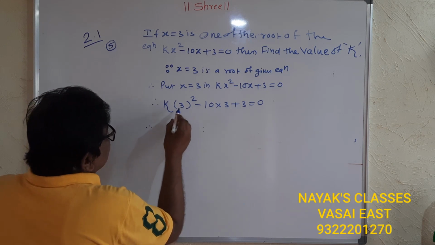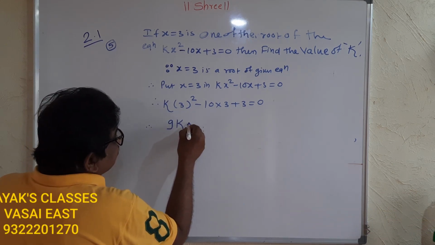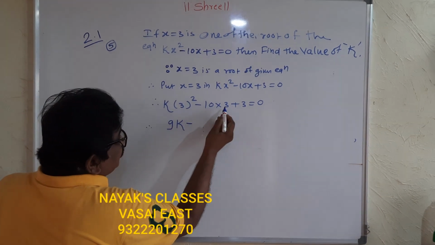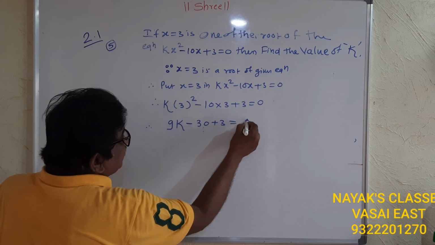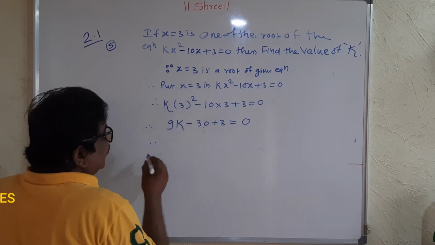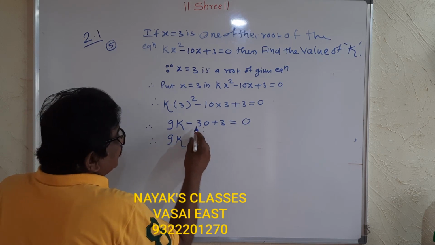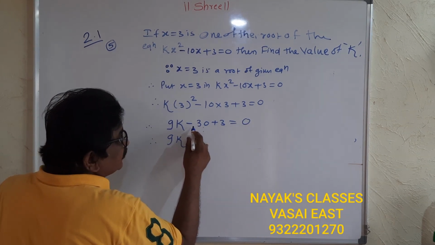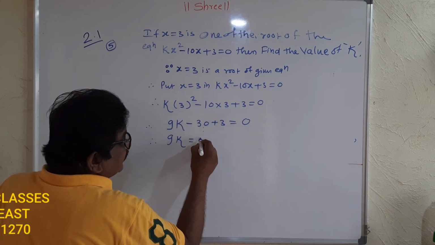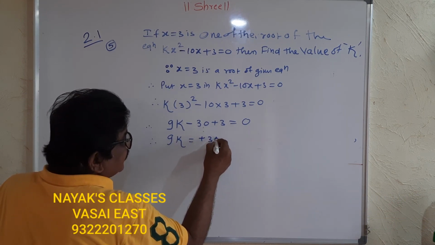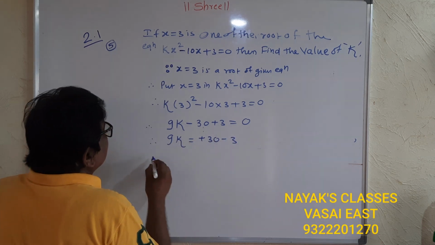Now 3 square is 9, so it is 9k minus 30 plus 3 equal to 0. Therefore 9k is equal to, transferring all constant numbers to RHS, plus 30 and minus 3.